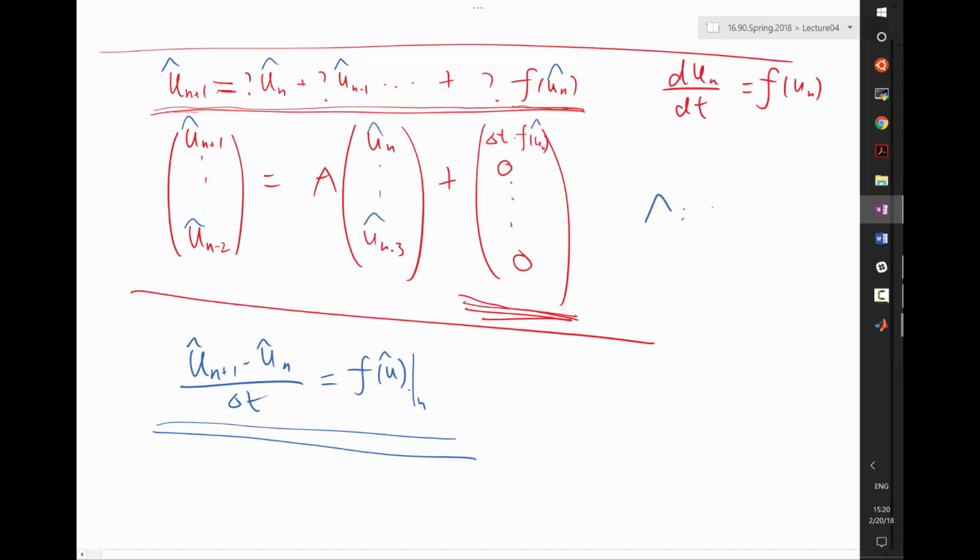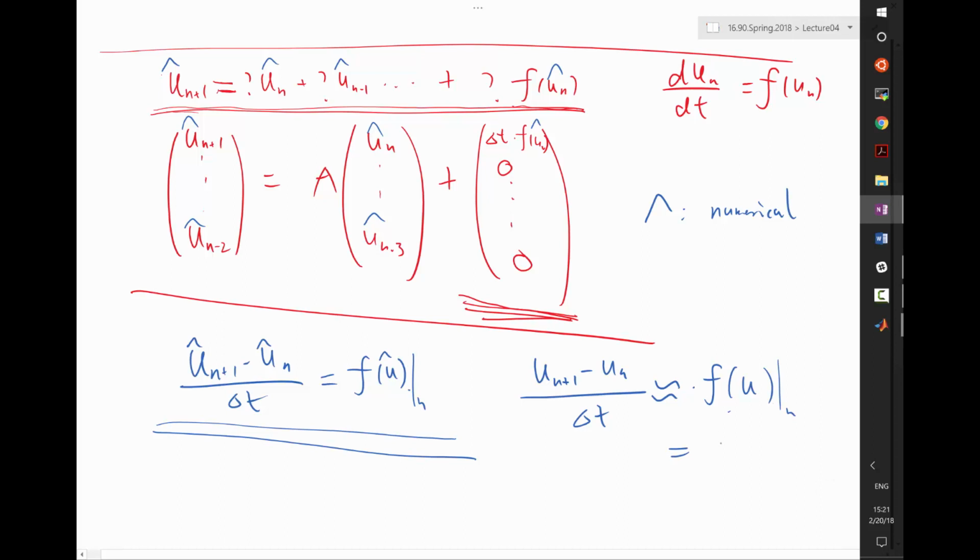So hat denotes numerical, the one with some non-zero error. Okay, so if you write down our analytical solution, it's not equal, it's only approximately equal to f of u hat. And how big the approximation error is depends on the accuracy of the scheme, right?